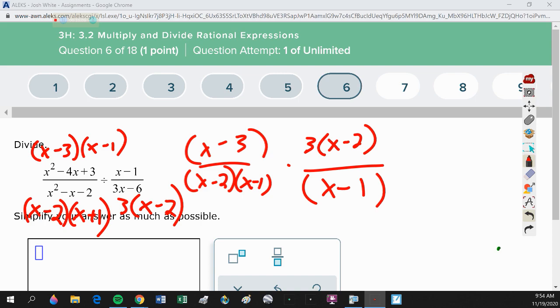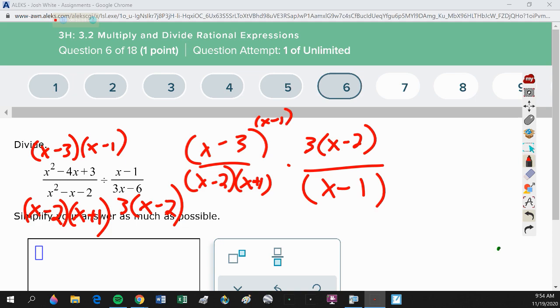So, wait, did I do something wrong? X minus 2, x plus 1. This is a plus 1. Oh, I'm missing an x minus 1 here.